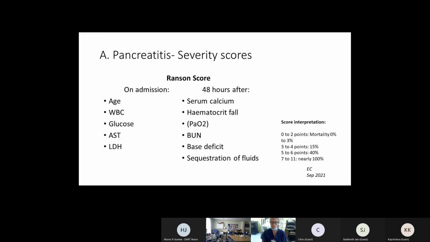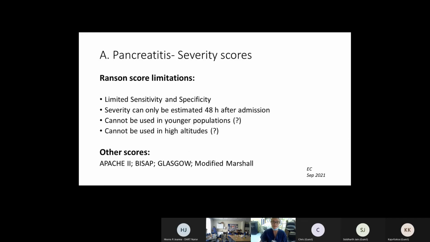They use these different markers, parameters, and they achieve a number. And in medicine, we love to have numbers. And so this would give us the predicted mortality, which we love to know. But in fact, they are very limited.